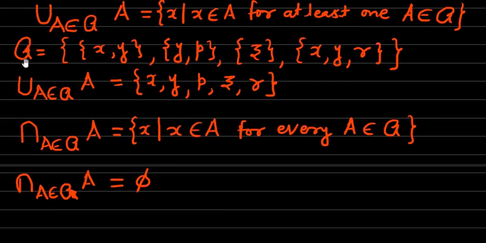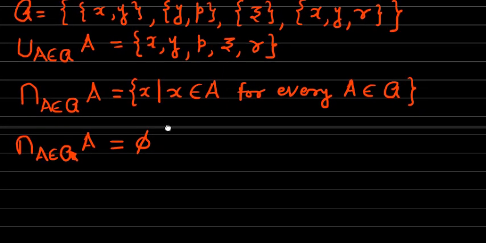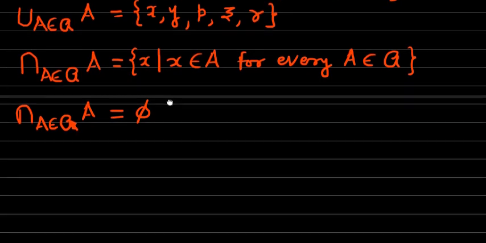This collection, script A, if this collection of sets is itself empty, then what happens to the arbitrary union and intersection?